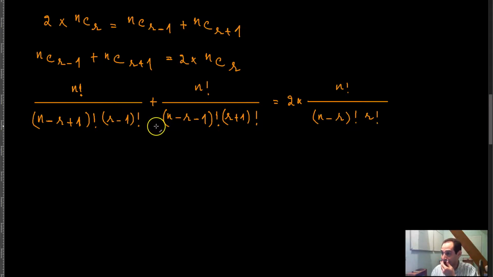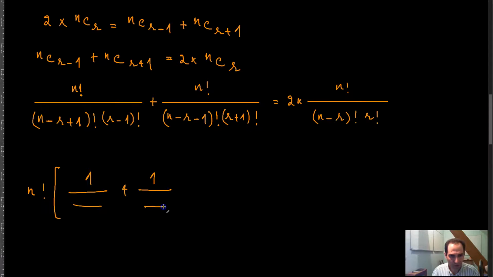Now what you can do, the next step, is that you can cancel out all of the n factorials from these numerators, although you need to be careful. For example, you have an n factorial here, n factorial here. So from this side of the equation, I take an n factorial out, and then I write that as 1 over this expression plus 1 over this expression, whatever that might be, right?